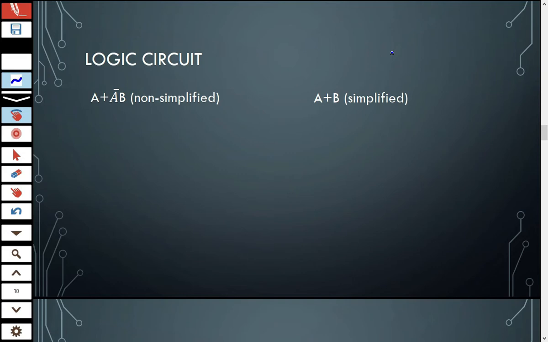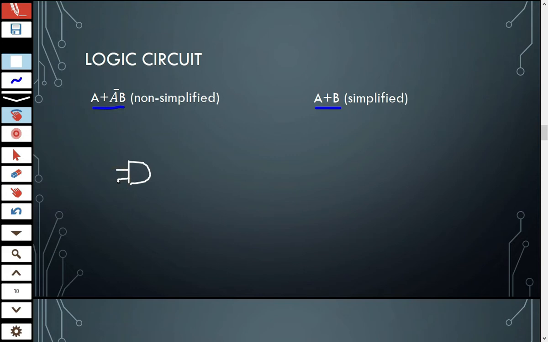Now let's look how we can draw the logic circuit for non-simplified expression and for the simplified expression. This is the non-simplified and this is the simplified expression. So we have the AND here. Let's start with the AND. So it states here not A times B. So this is the AND gate.